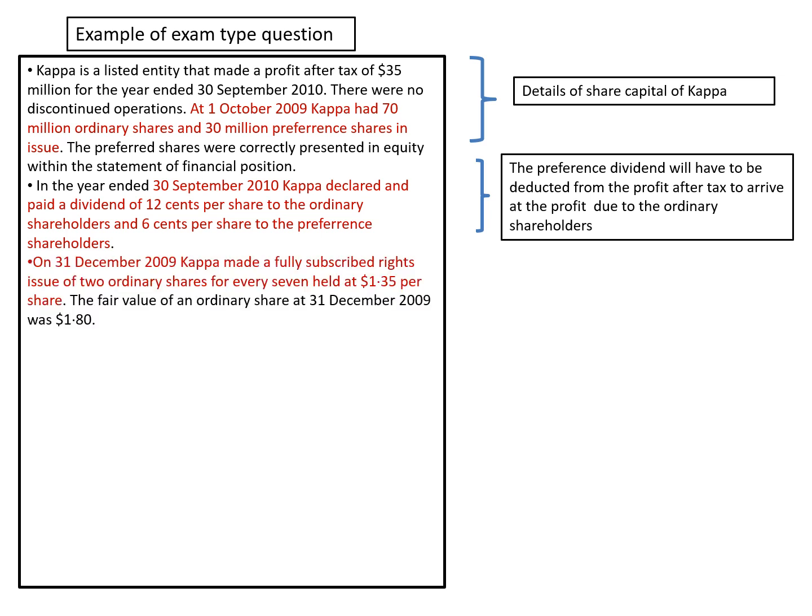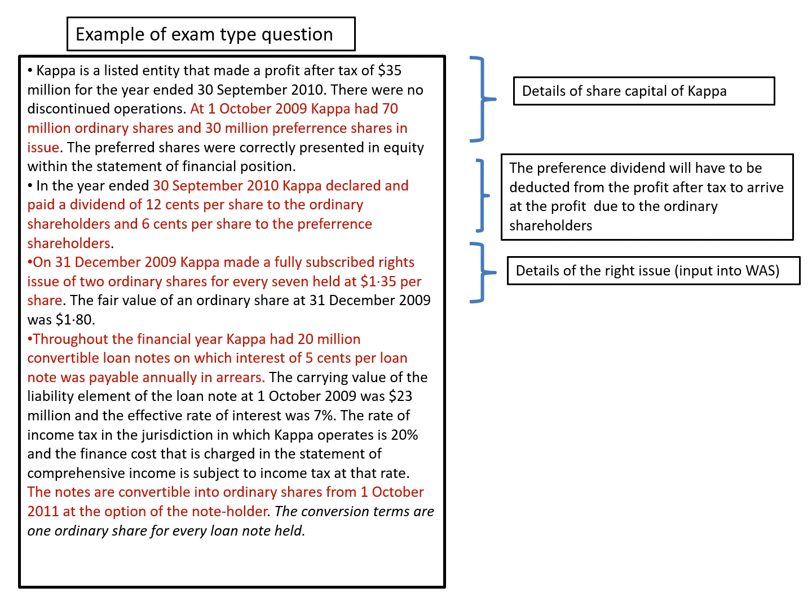On 31st of December 2009, Kappa made a fully subscribed rights issue of 2 ordinary shares for every 7 held at $1.35 per share. The fair value of an ordinary share on 31st of December 2009 was $1.80. So these are the details of the rights issue, and this will affect your calculation of the weighted average number of shares.